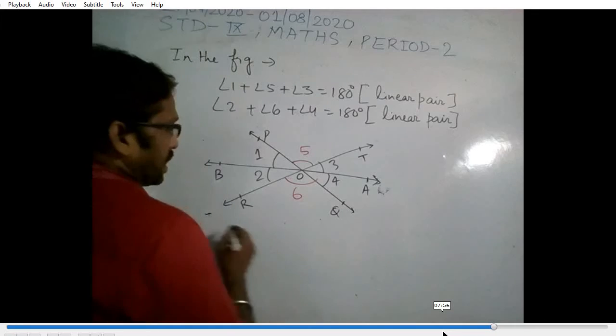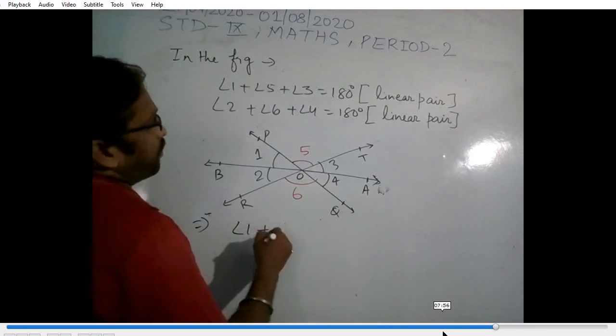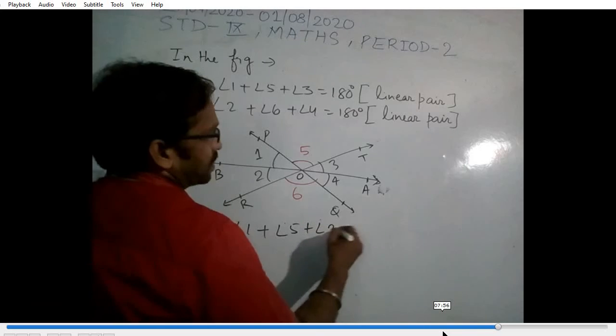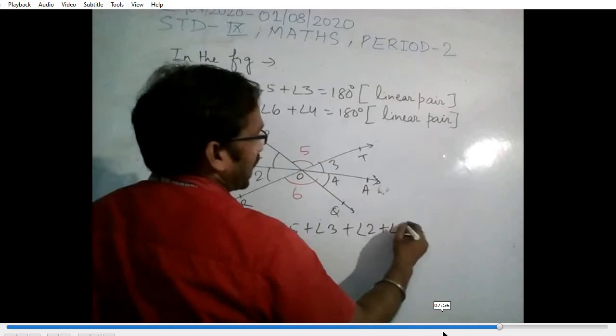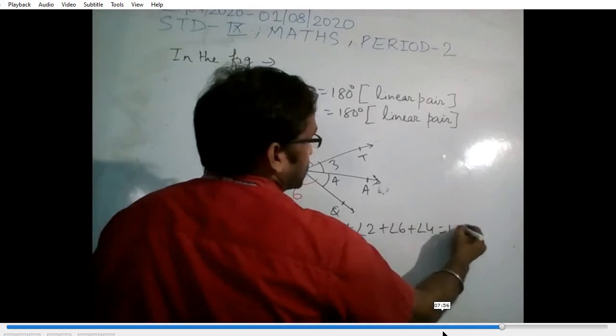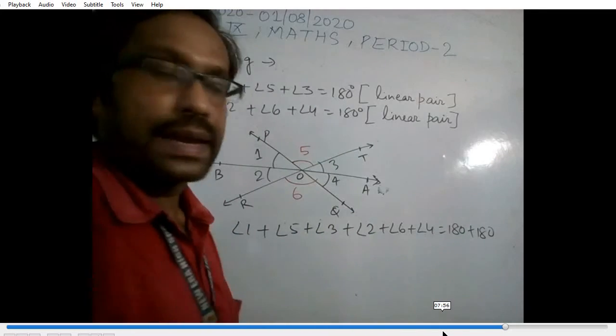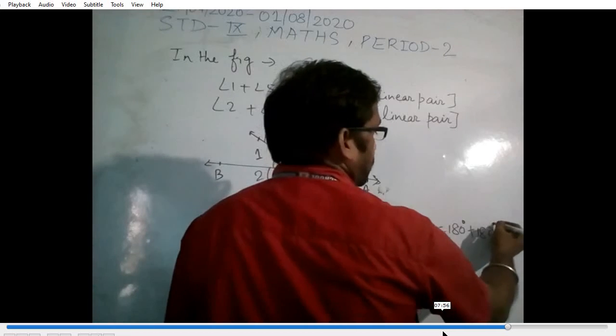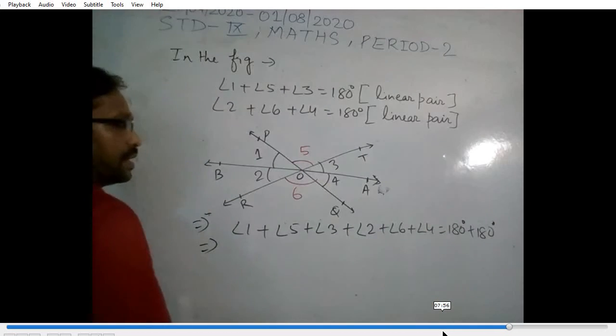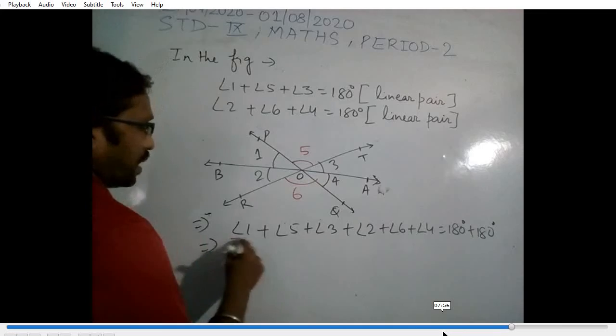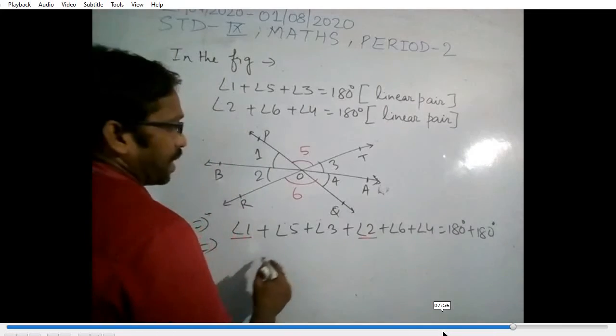Now when all these angles are added, this is equal to 360 degrees, and we know that around a point the total sum is 360 degrees. We have used this concept and now we are going to prove this.